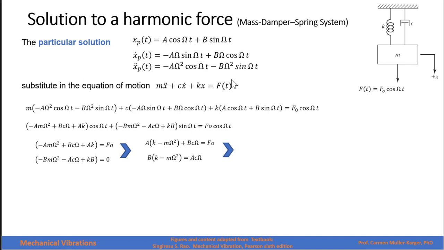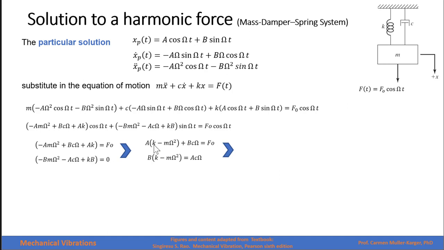All that will be equal to my external force, F0 cosine of omega t. I will group the terms that multiply the cosine, and I will group the terms that multiply the sine. As you see, the ones that multiply the cosine will be equal to F0, and the ones that multiply the sine will be equal to 0.